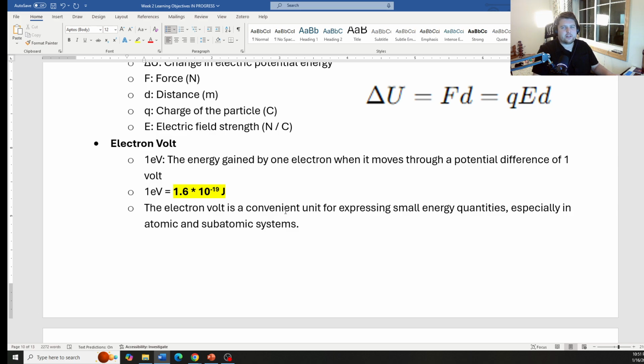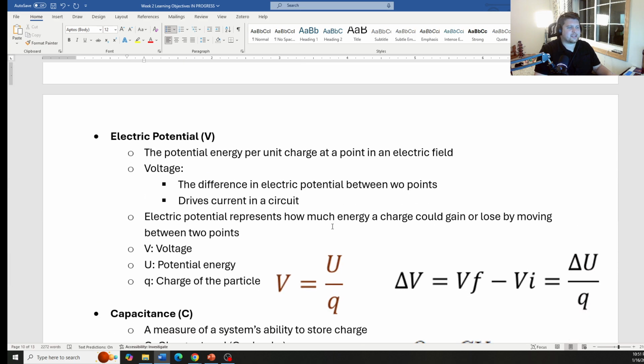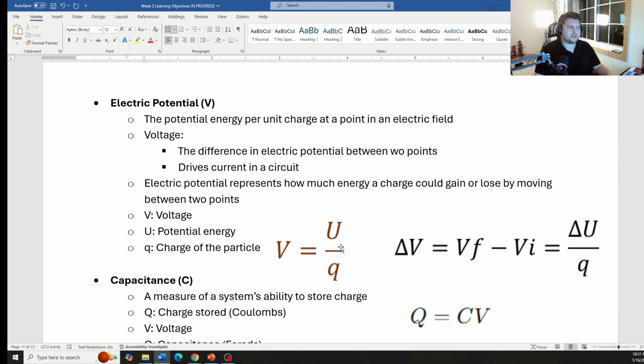It is a convenient unit for expressing small energy quantities, especially in atomic and subatomic systems. Know the unit, know that it's equal to 1.6 times 10 to the negative 19th joules, and we'll move on. Again, like I said, a lot of just straight equation type stuff in this.